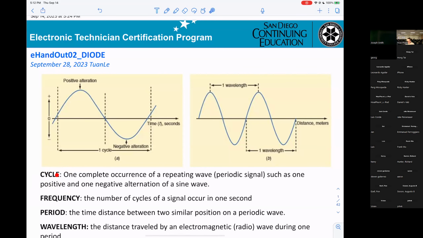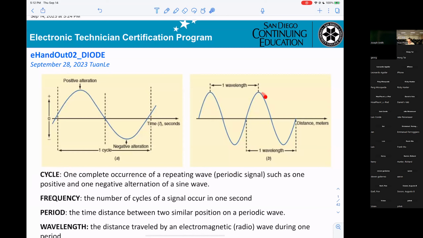What is a cycle? One complete occurrence of a repeating periodic wave signal, such as one positive and one negative alternation of a sine wave. This is a positive and this is a negative. Complete one cycle.